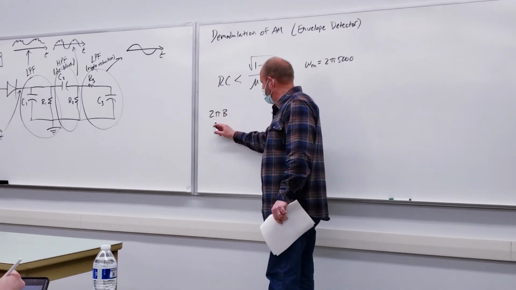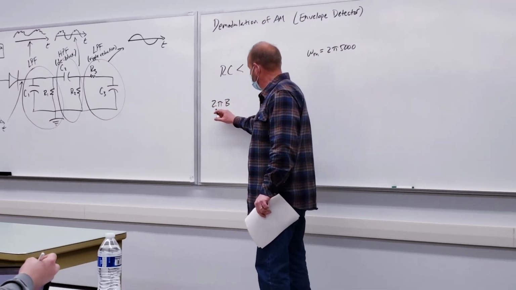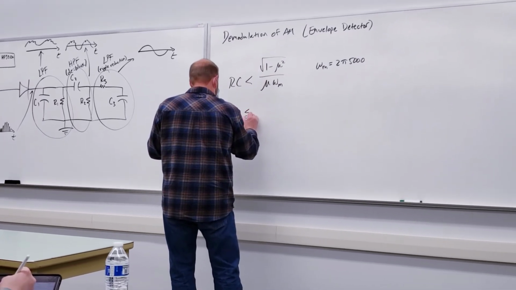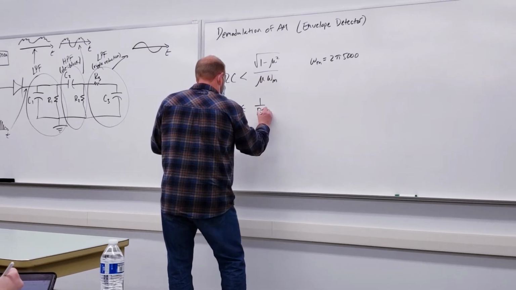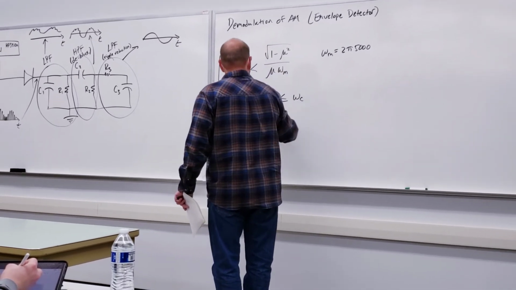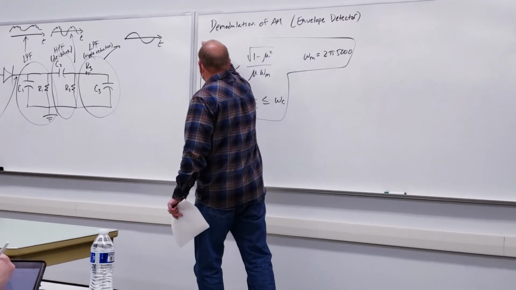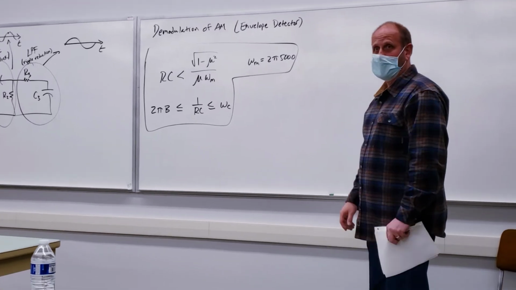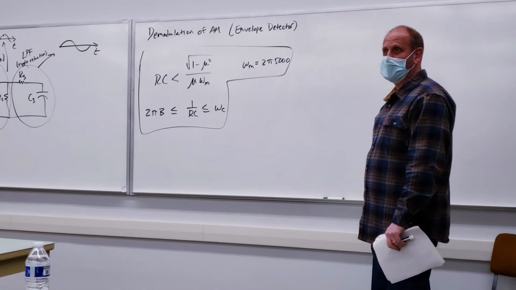That's the same thing right here, omega sub m. The B would be 5,000 in this case. This is less than or equal to 1 over RC, which is less than or equal to the carrier frequency. So these are two design equations that may or may not help you get in the ballpark before you start tweaking values.